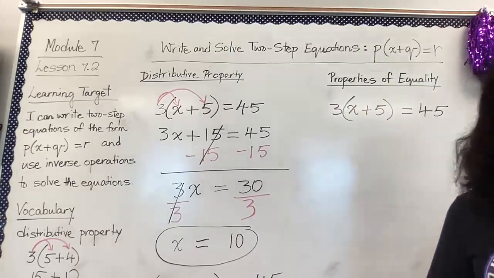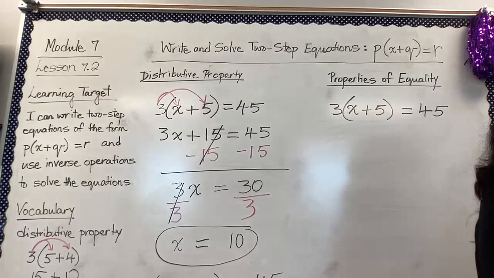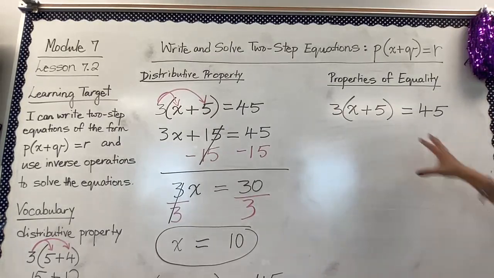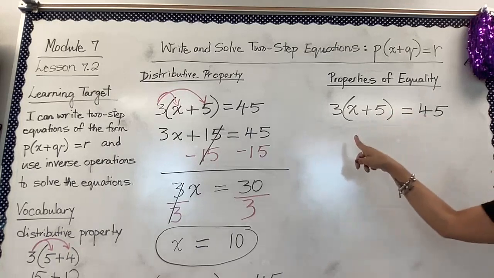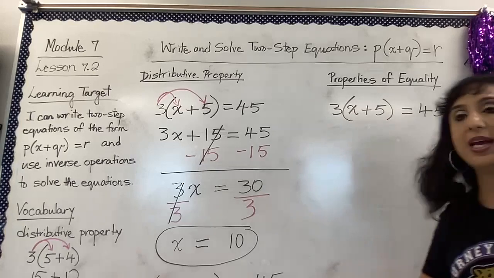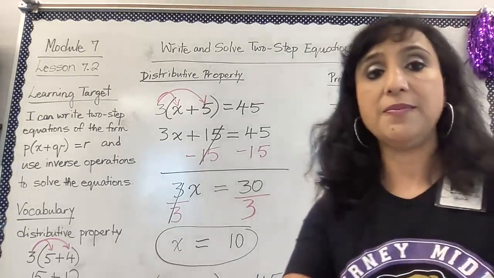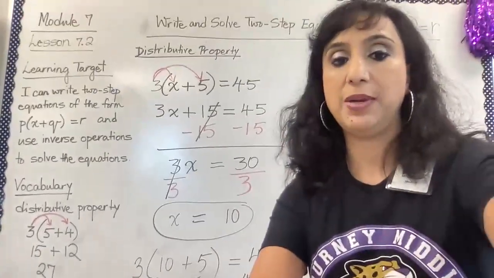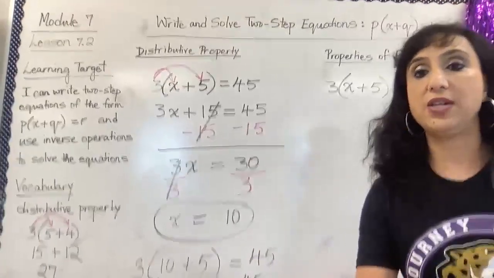Okay, so now using the properties of equality, we have written out the equation, and we know that this is multiplication. So opposite of multiplication is going to be division. All right, opposite of multiplication is going to be division.